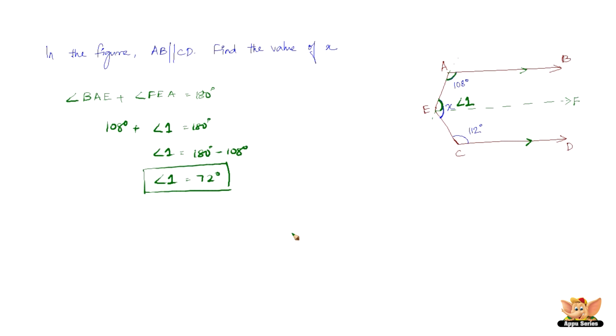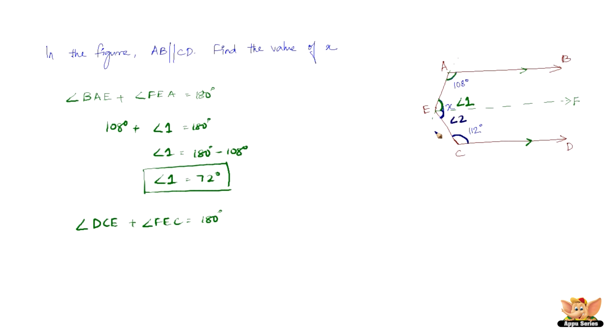Now again, we have EF parallel to CD. And there is another transversal, CE, that cuts them at C and E respectively. Very similarly, we have angle DCE plus angle FEC equals 180 degrees, because this angle and this angle both lie on the same side of the transversal, and the sum of them is equal to 180 degrees.